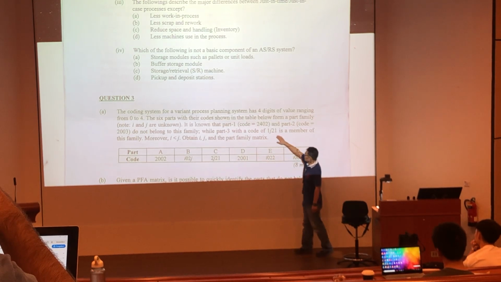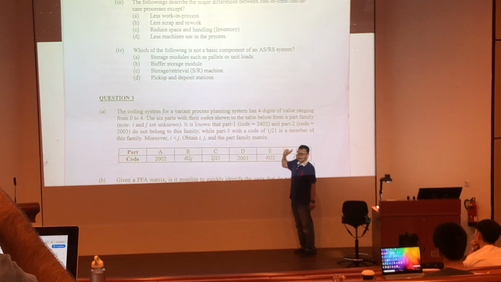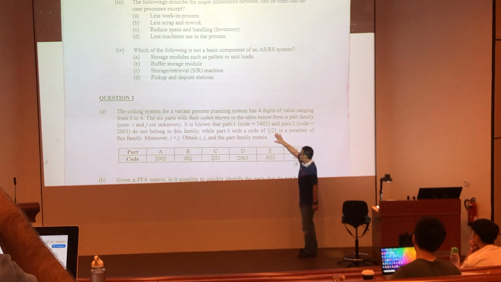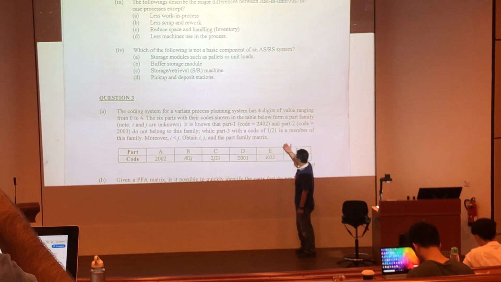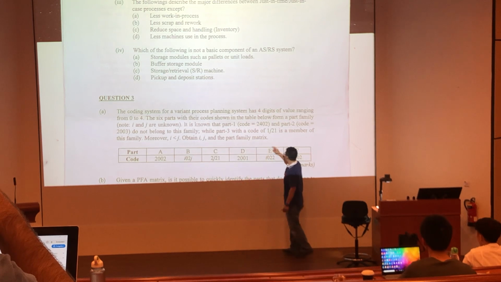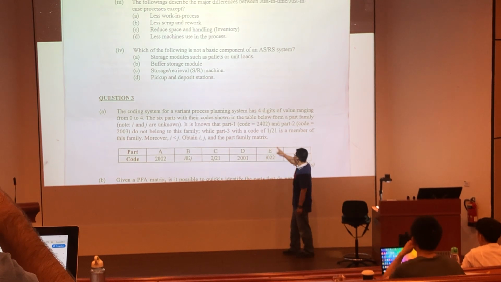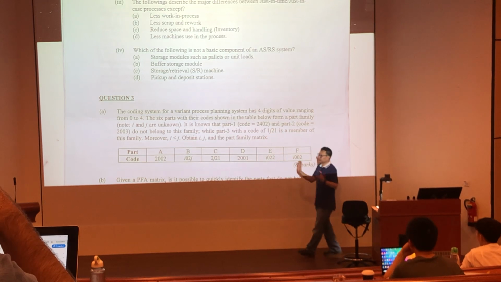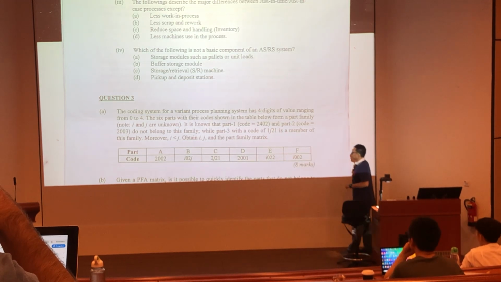So if this one is a member, I must be 1, right? Okay. So from this we get I is 1. Any more than that? J is here. Second one. Third one, 2 is here, and last one is 1. So the remaining 3 are just redundant. Okay. So I equals 1.